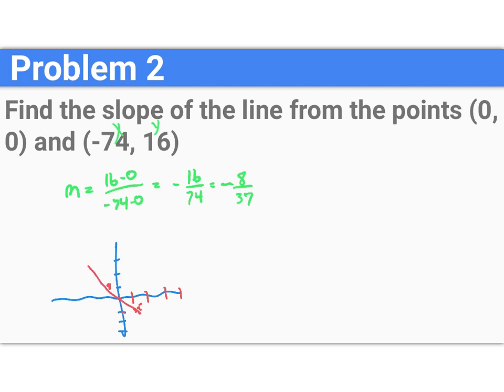So if you were trying to put this on a graph that did 1, 2, 3, 4, 5, 6, from 0, 0, you'd be way over here somewhere. I just want you to imagine what this slope looks like. It goes down from left to right. And you can always change the numbers on your x's and y's, and they don't have to be the same.